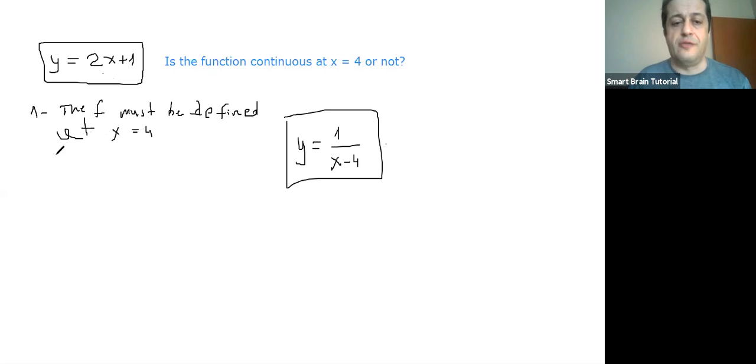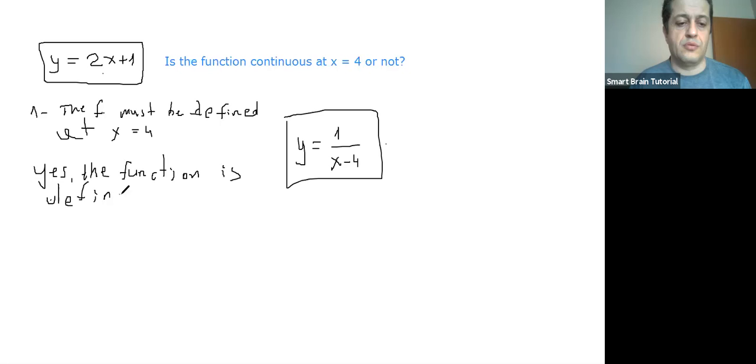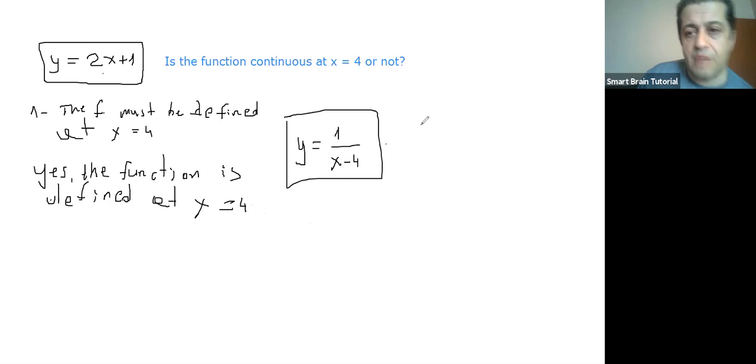Yes, the function is defined at x equal to 4. It has meaning if you substitute. Yes.